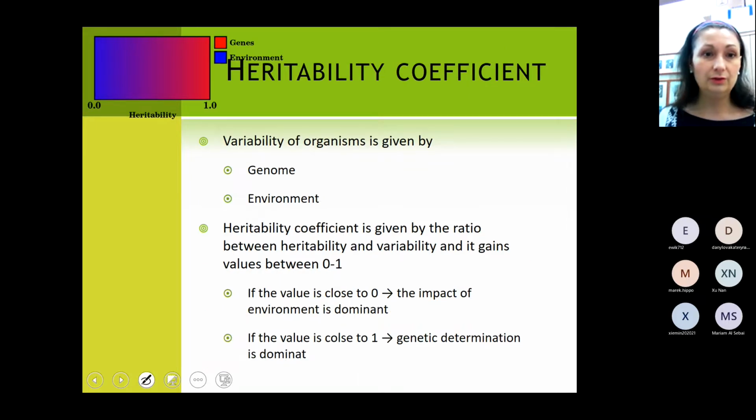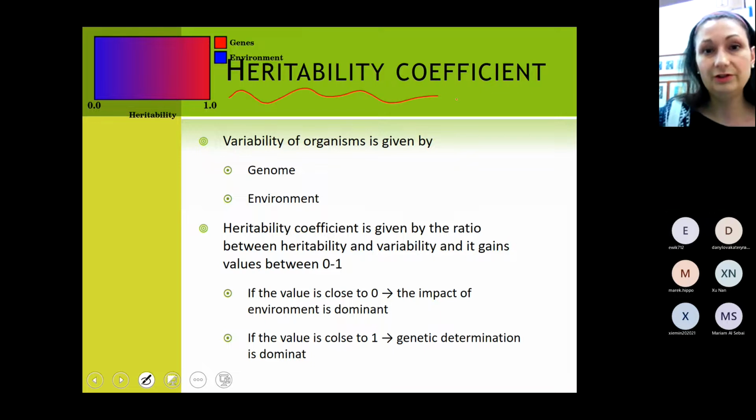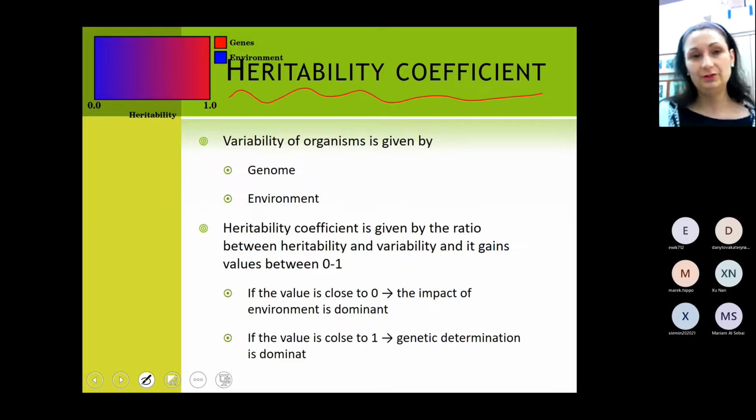Again, we are getting to heritability. There is a coefficient which can be called the heritability coefficient or variability coefficient. It ranges from 0 to 1, and heritability is the opposite of variability. For example, if heritability is 1, variability is 0. If heritability is 0.8, variability is 0.2.